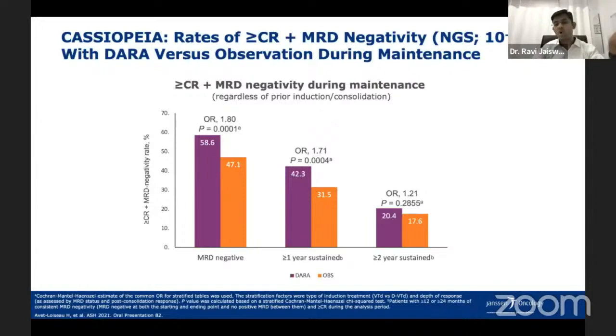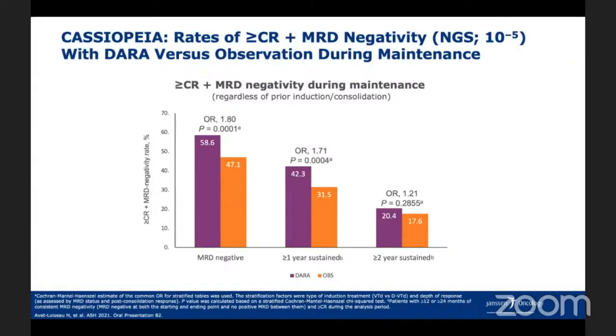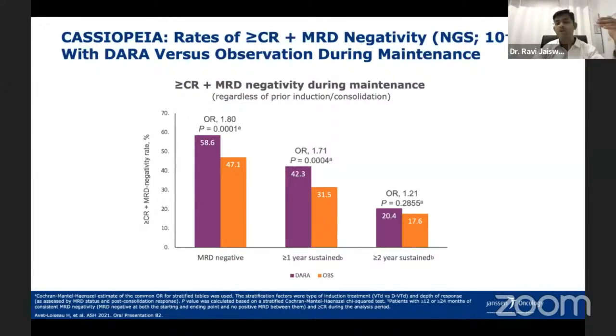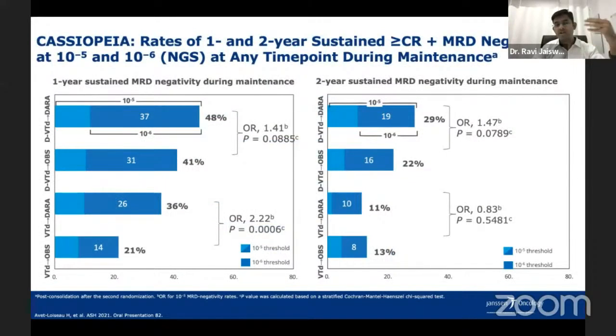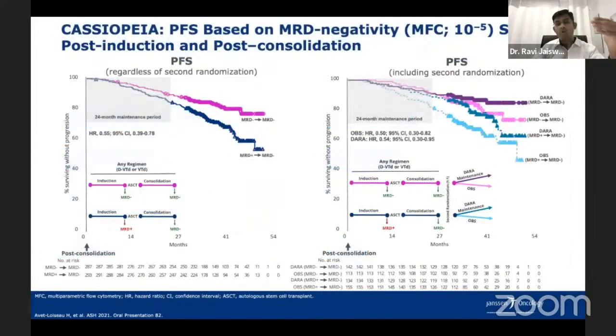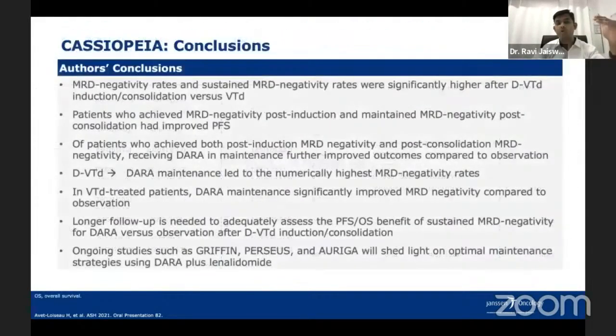So across all subgroups that have been studied in this study, it was uniformly seen that wherever we used a regimen which had a daratumumab, it translated into more CR and MRD negativity status. So compared to observation, using a daratumumab as a maintenance strategy was shown in this study to have superior outcomes across all subgroups.